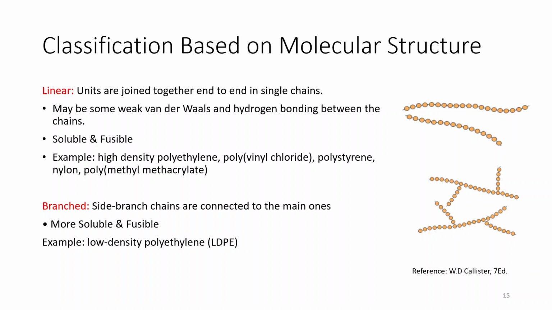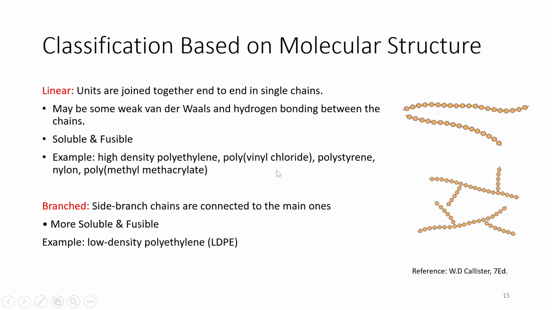Because these have a linear type of structure, they can come close together compared to this type of structure. So these branches and cross links reduce the density of these polymers. High density will be in case of linear type of structure.